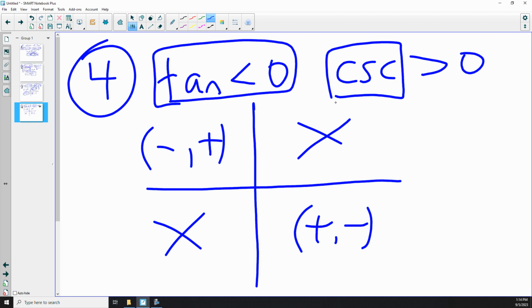We practiced them enough. 1 over the sine has to be greater than 0, which means the y has to be greater than 0, which means we're upper echelon, we're high. We're either in first or second. And who did I check twice? Quadrant 2.